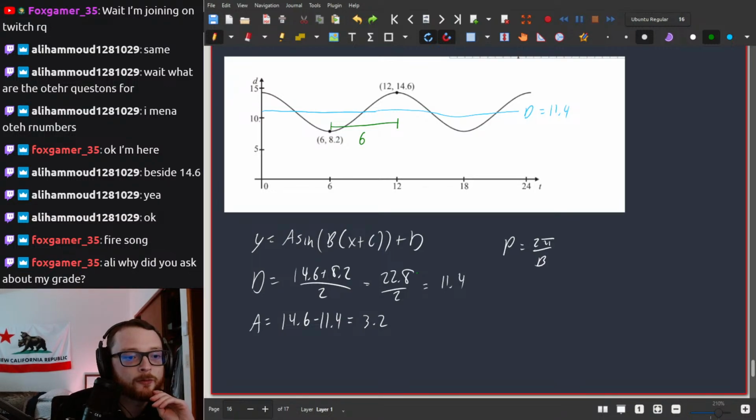So we can figure out the distance from this trough to this trough because we know that this is the halfway point. So it's going to be another 6 to go the rest of the way. So this entire distance is 6 plus 6 is 12 for our period. So that's why I said this one was harder. We have to do a little bit of critical thinking here.